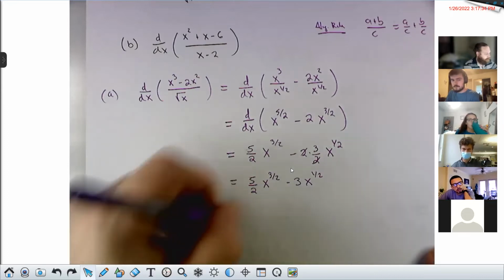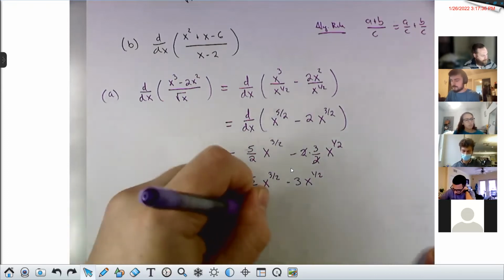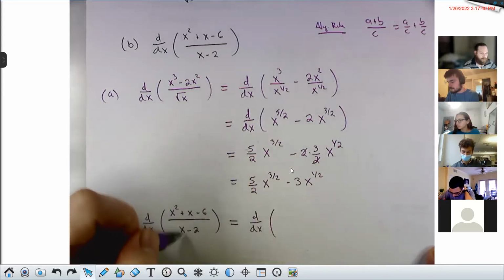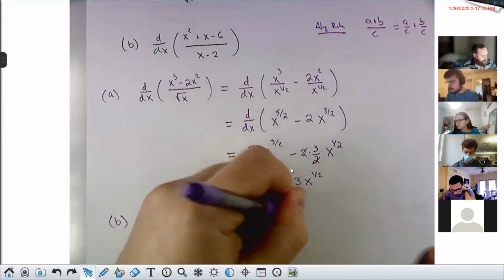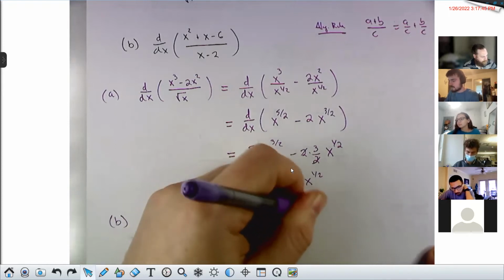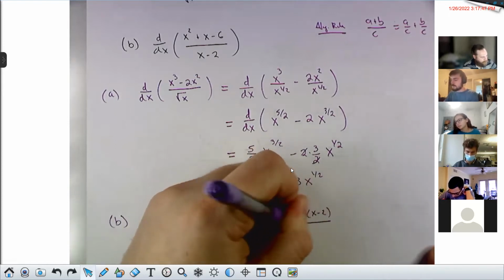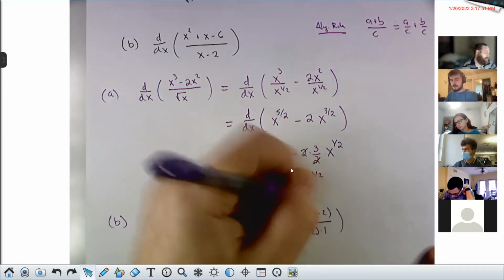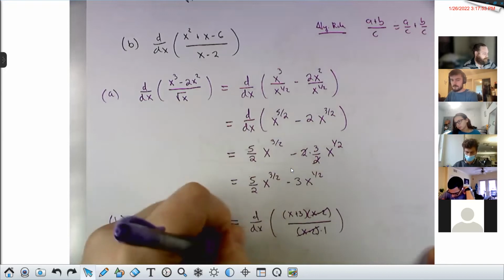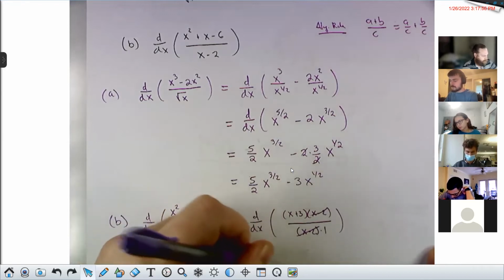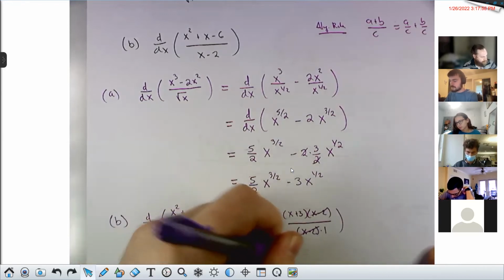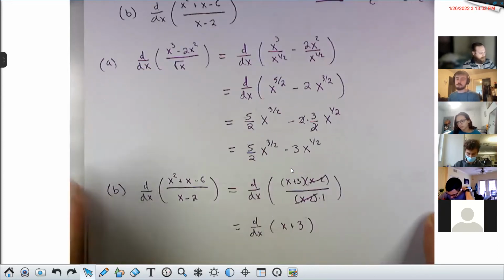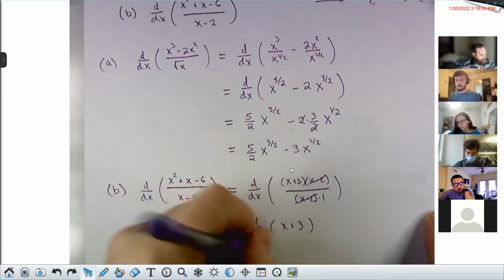Yeah, if I factor the top here, it has within it a factor of x minus 2 that will cancel. That numerator is x plus 3 times x minus 2. And the bottom, x minus 2, is just x minus 2 times 1. So when you cancel, we're really just differentiating x plus 3. And that is, again, a power rule derivative. That's 1.